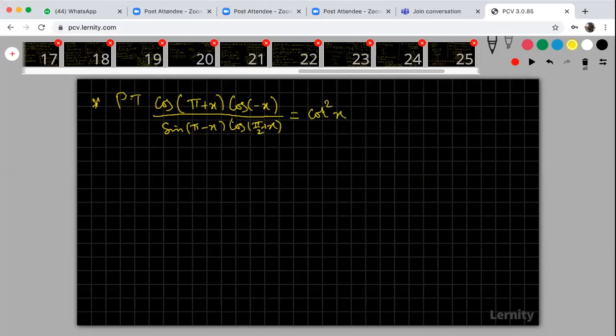Cos of pi plus x, cos of minus x, sin of pi minus x, cos of pi by 2 plus x, is equal to cot square x. So take the left hand side.